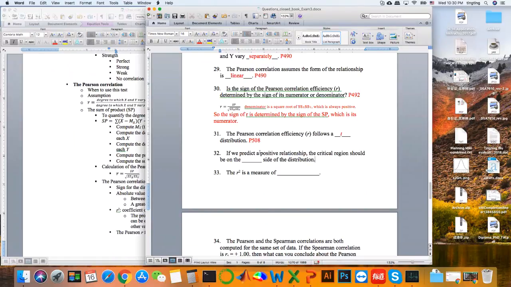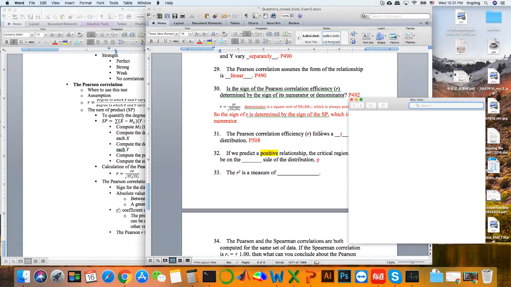If we predict a positive relationship, it means we have a direction in our prediction, right? So this one is a one-tailed question.